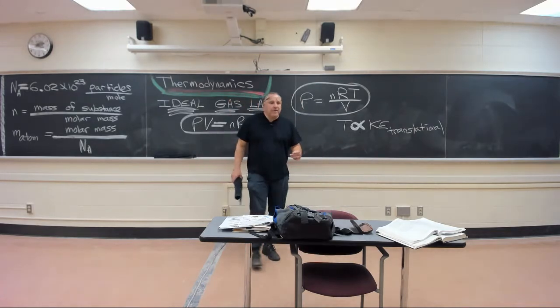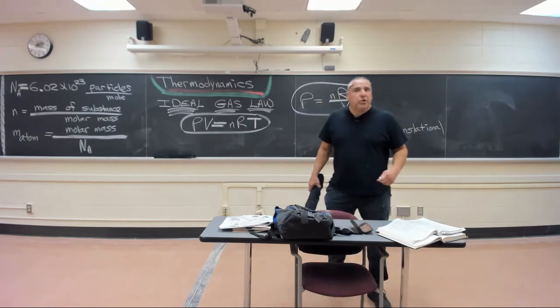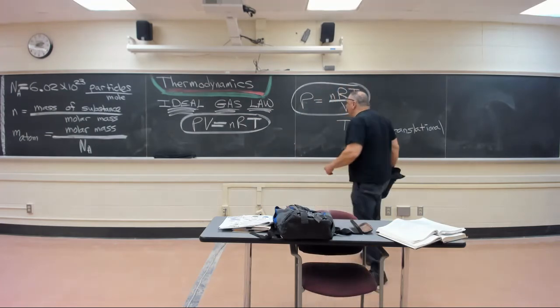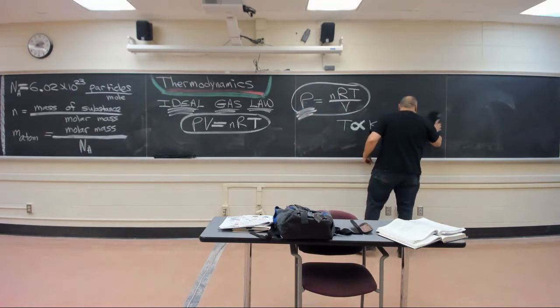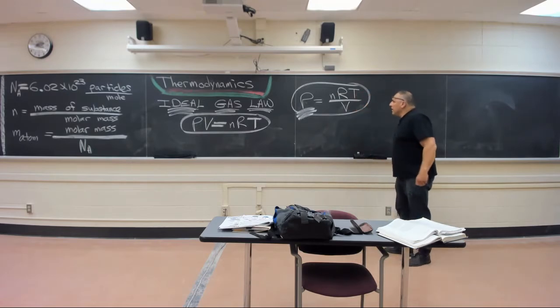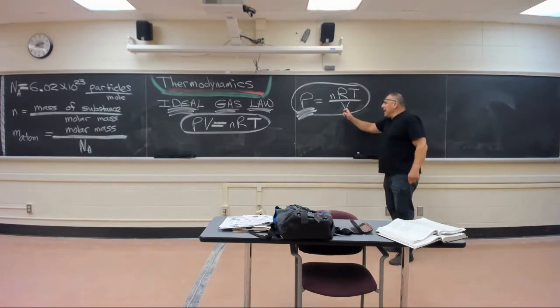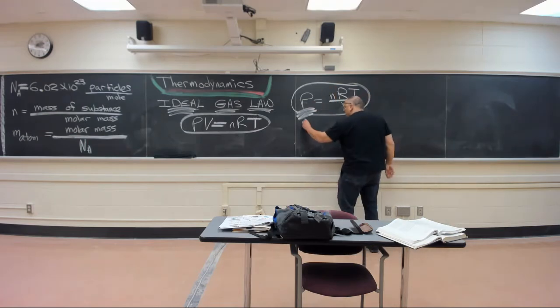Pressure's kind of the big measuring stick, force per unit area. How are you going to get a big pressure? I'll tell you how. We had a pressure here, for example. Call it P1.